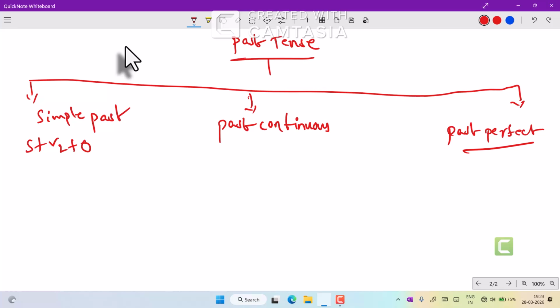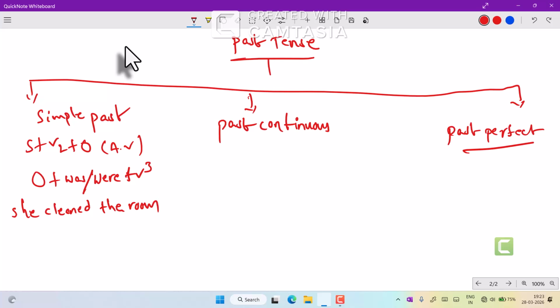This is active voice, AV. In passive voice we add object plus was or were plus V3. For this we will see an example: she cleaned the room.